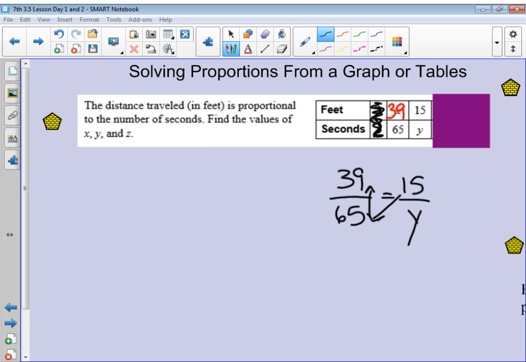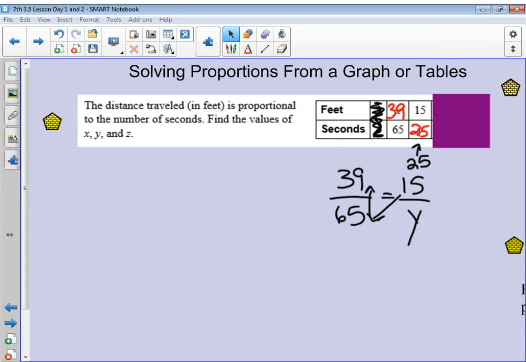So this one's going to be a little different because I'm going to go ahead and get probably a decimal number because I'm noticing that I can't do something to 15 to get 39, like a perfect number. So 15 times 65, divide that by 39. And when I do that, I just got 25. So it didn't give me a decimal number. It just wasn't an easy number for me to find. So I just found out that this one is 25.